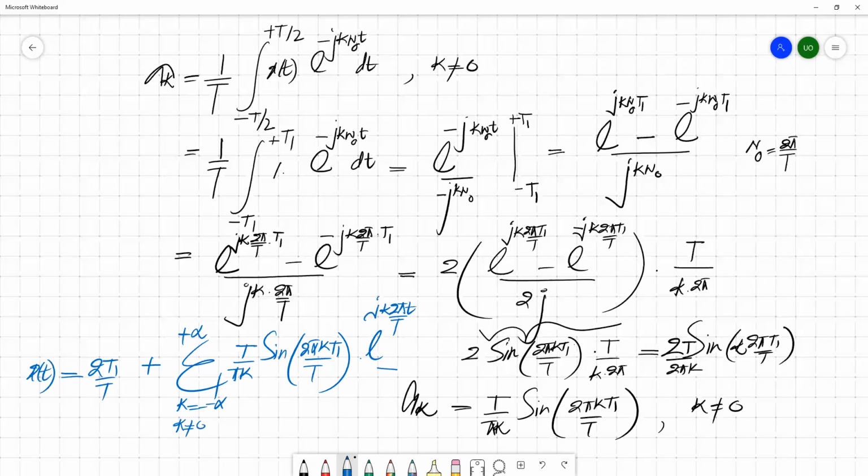So this is the Fourier series expansion for the given periodic square wave type function.